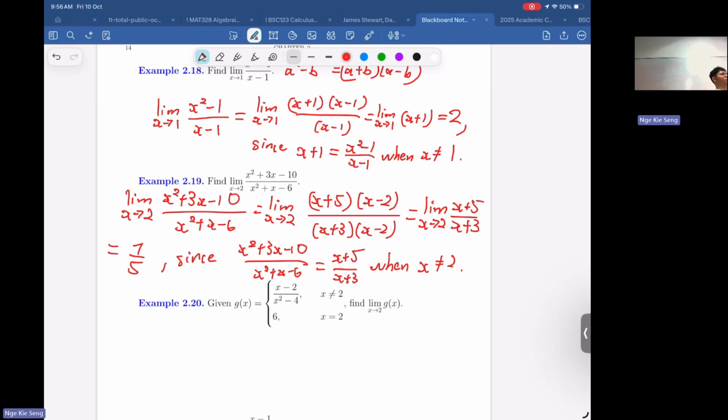It's not like you can do it for any case. Only for the infinity over infinity case or zero over zero case can you use L'Hopital. A lot of these formulas, you need to check the condition first. Yeah, the condition is very important.